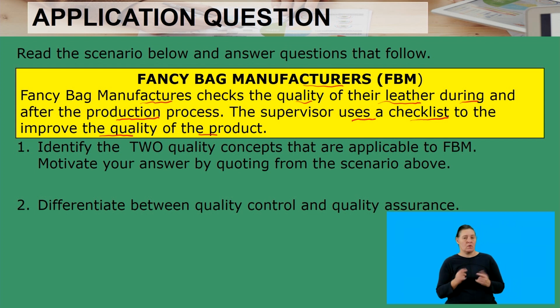Question 1: identify 2 quality concepts that are applicable to Fancy Bag Manufacturer. Motivate your answer by quoting from the scenario above. That is the first question. And the second one says, differentiate between quality control and quality assurance.